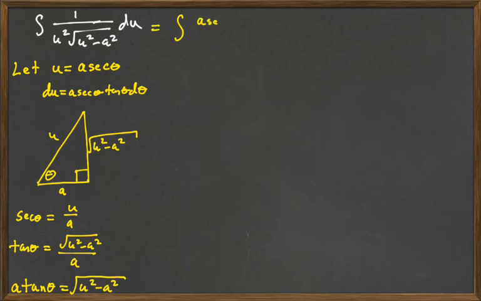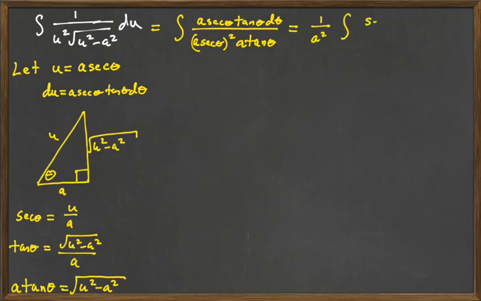So this becomes du, which is a secant theta tangent theta d theta, divided by u squared, so that would be a secant of theta squared, and then the radical is a tangent of theta. Slide out a 1 over a squared, and we have the secant of theta d theta all over secant squared theta.